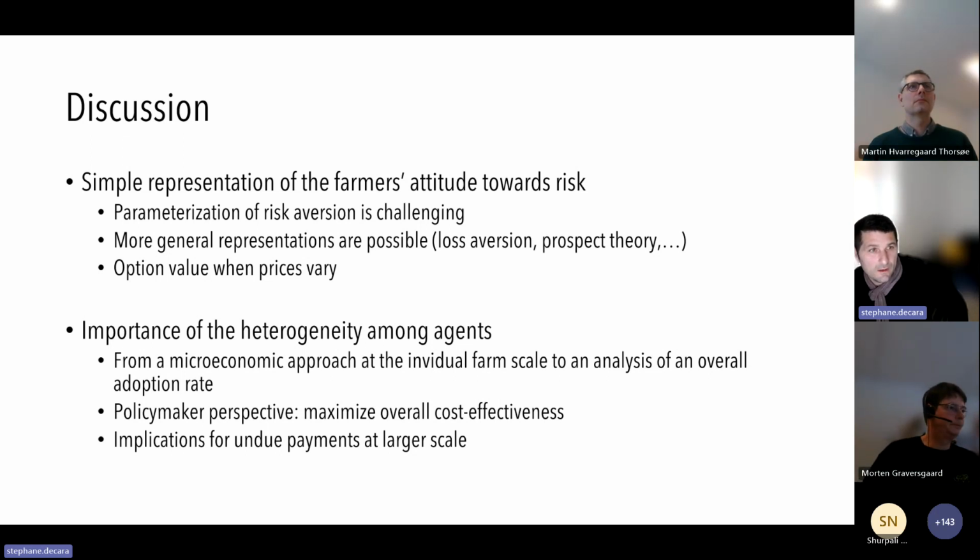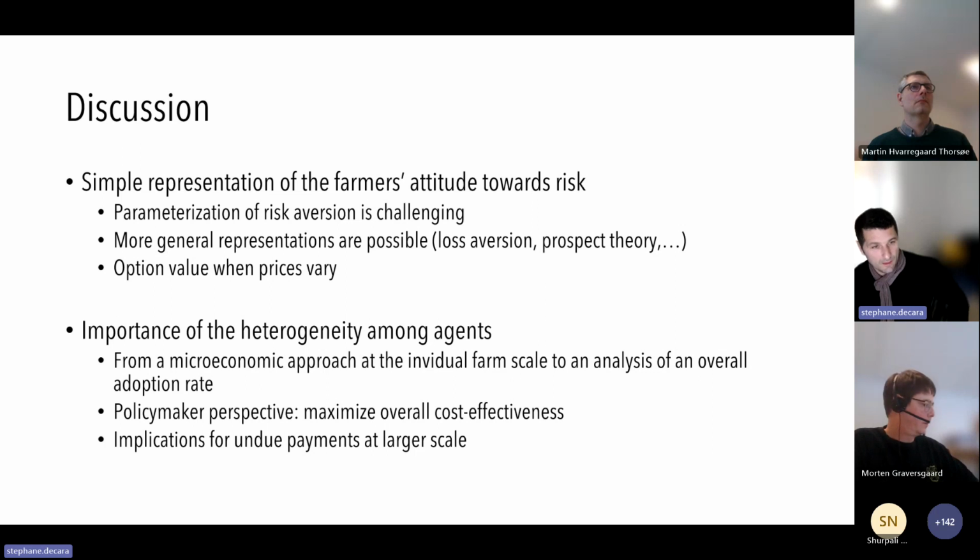And the model here is generic in the sense that it represents the decision of a farmer. But what matters in terms of policymaking is to account for the heterogeneity among agents, both in terms of attitude towards risk, but also in terms of specific costs, specific carbon sequestration potential, and other variables that are important for those choices.